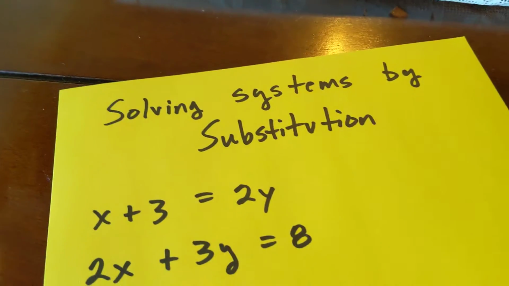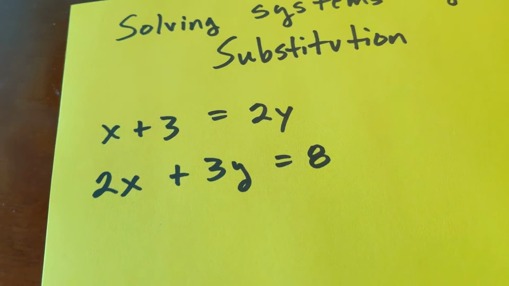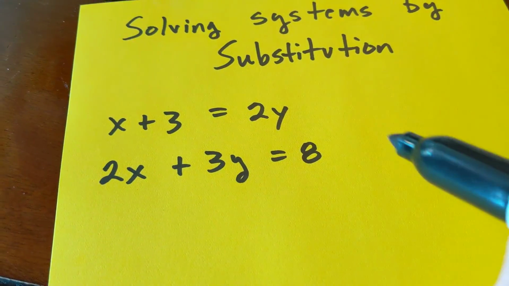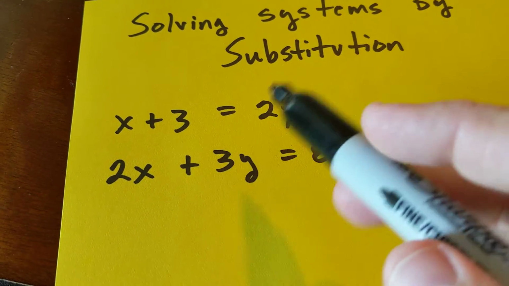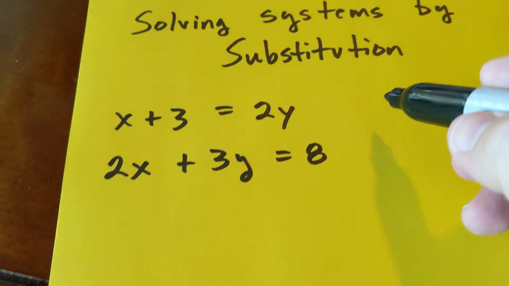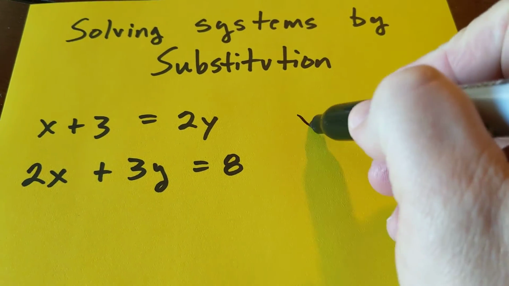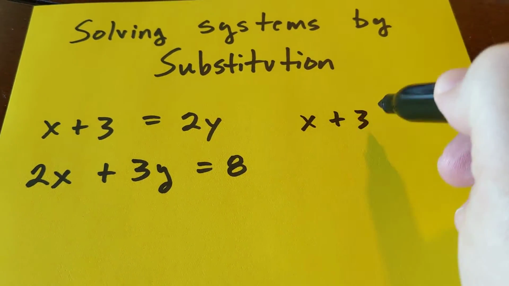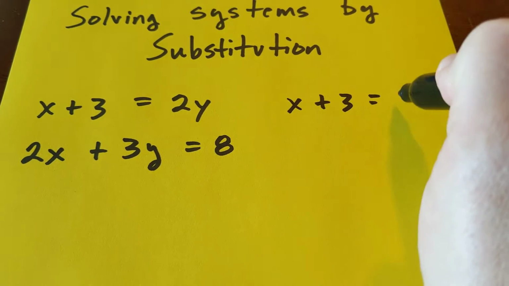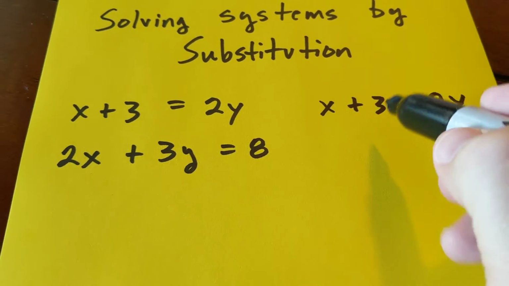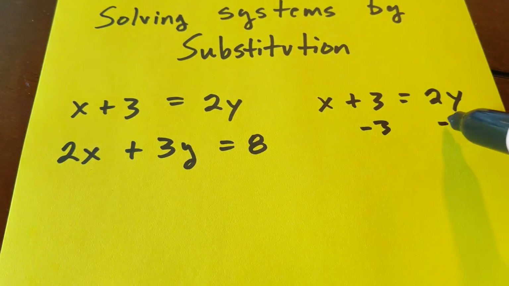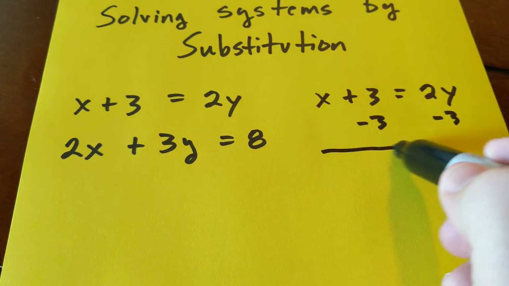So let me do this. Let's see if I can hold this camera correctly here. So I'm going to try to hold this and write at the same time. What I want to do is take this top equation and get x by itself. So let me write that over here, and then I'll show you what I'm going to do. It would be easy to get x by itself because I could just subtract 3 from both sides.